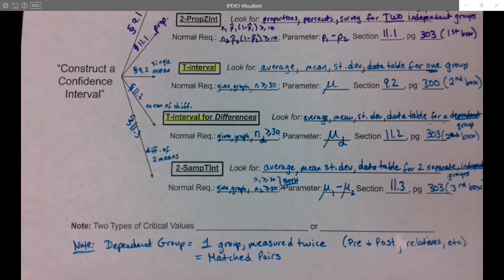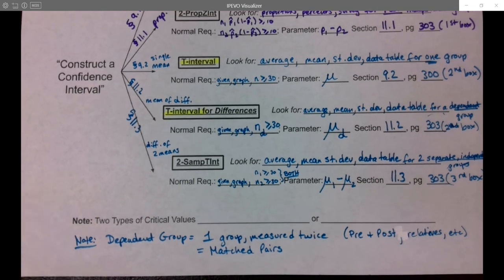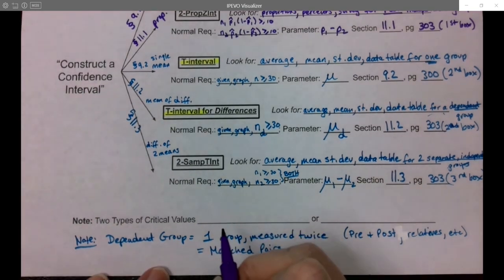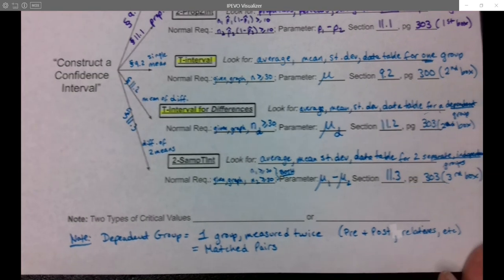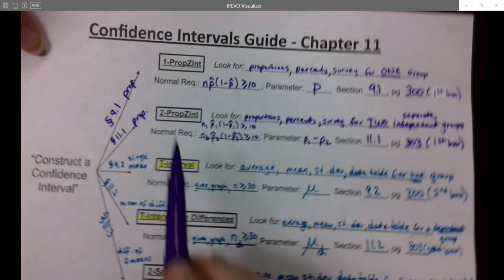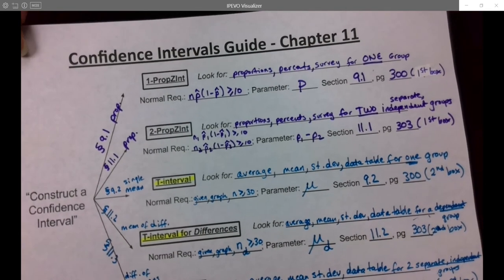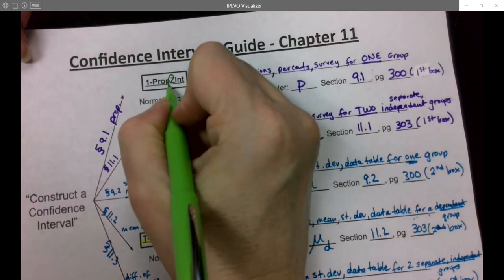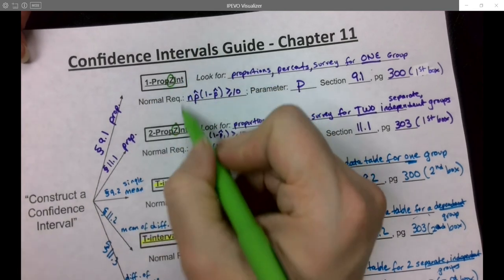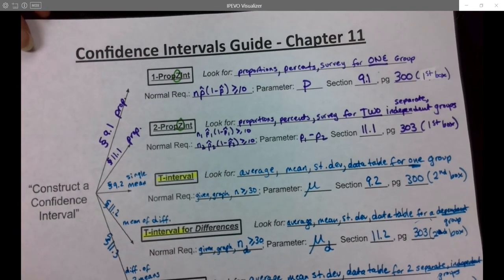All right, now there are two types of critical values that we can find. So there's either t alpha over 2 or z alpha over 2. So the ones that have z's in them, here, let me grab a color. So if you see z right here, these two types of intervals use critical z values.